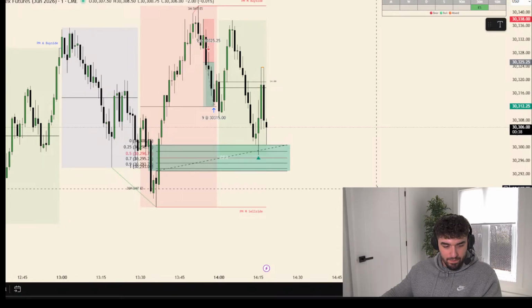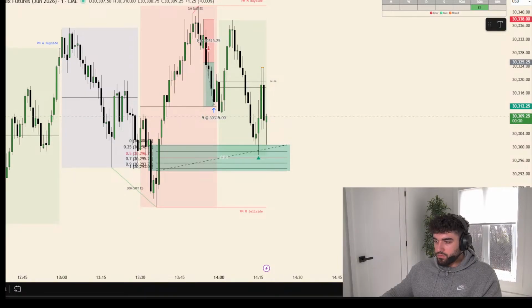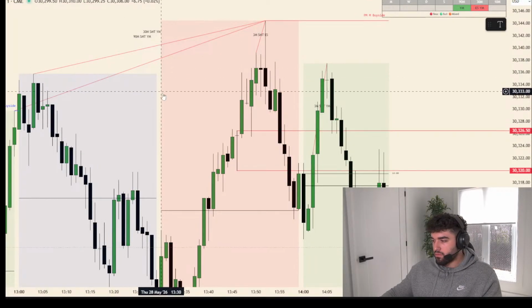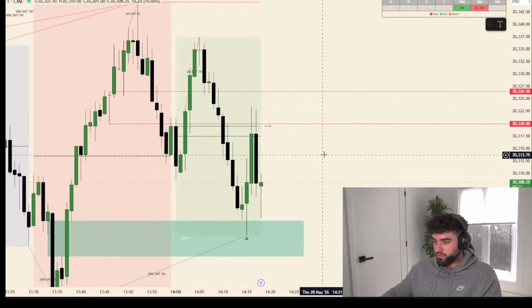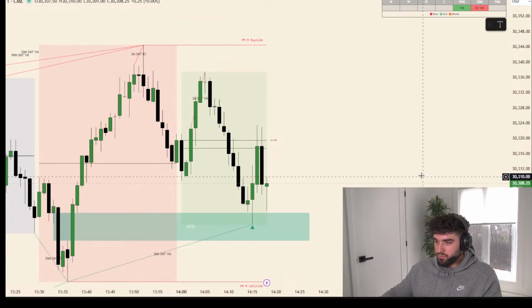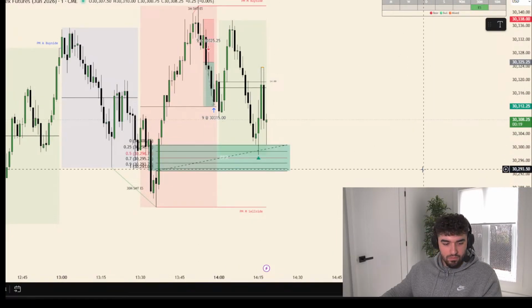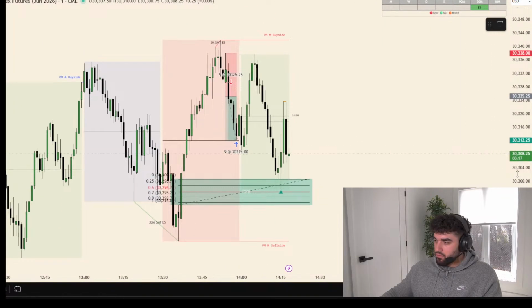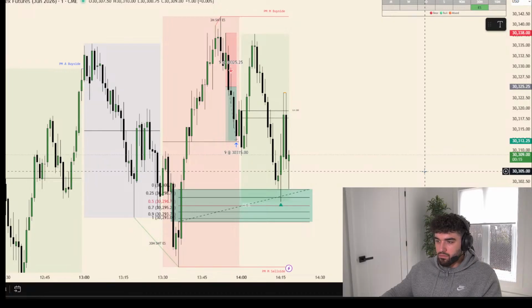Boom. We'll watch. Let's see if we can get a close above the previous candle's high. That'll be encouraging for me. CVD came down, but not too much. Actually, CVD is strong, guys. Very strong.